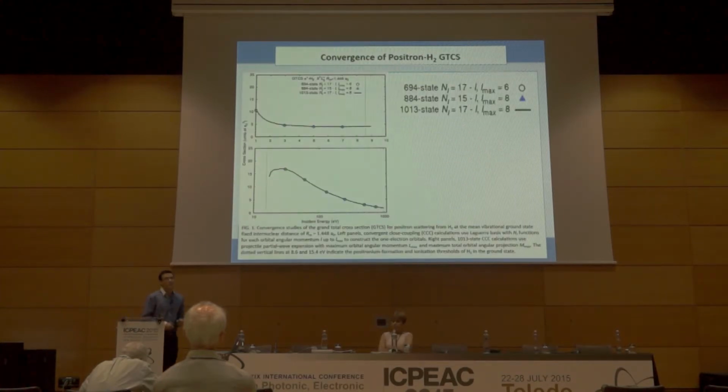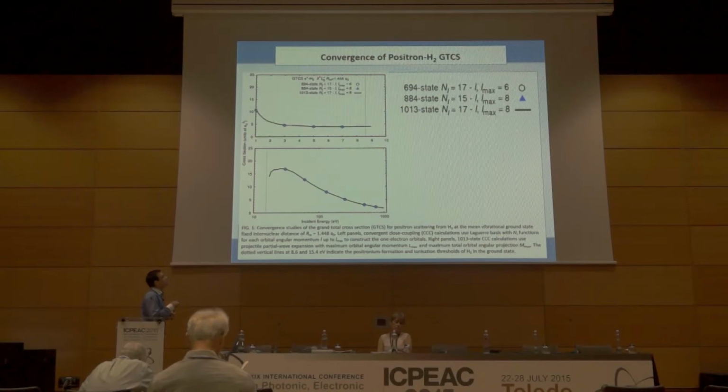Okay, so now we'll look at how accurate our scattering calculations are. We look at convergence with respect to the target state expansion. So we perform three calculations. Our largest one that we just described was 1013 states. We compare it with a smaller calculation, which uses Lmax equals 6, seeing if we have convergence in the orbital angular momentum of our basis to describe our positron-electron potential.